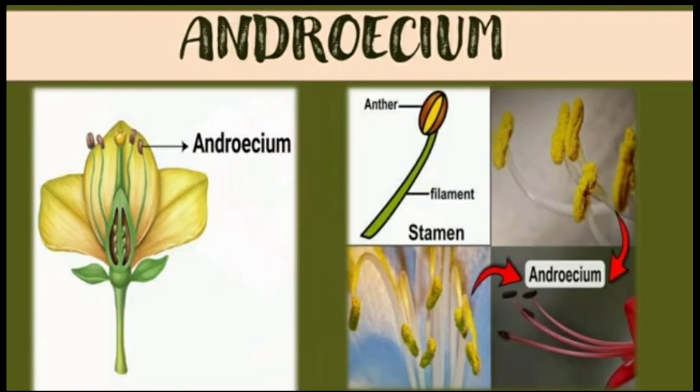So this anther and filament together form a stamen, and this stamen is the male reproductive part of a flower, which is androecium. Understood, children? Good.